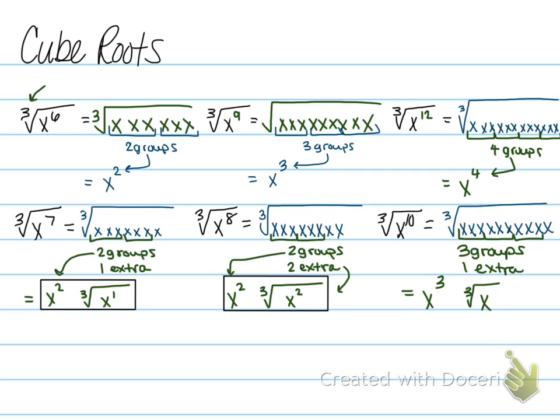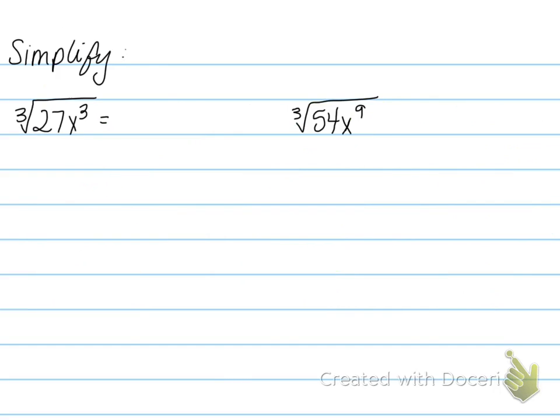Next, we're going to look at cube roots that have both letters and numbers in them, just like we did when we were simplifying our square roots. I'm doing the cube root of 27 x to the third. When I did square roots, I separated these into the cube root of 27 and the cube root of x to the third.